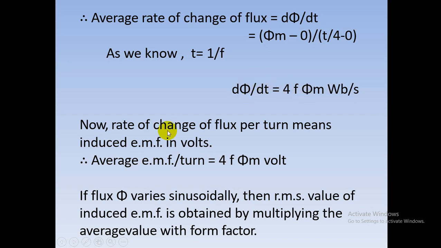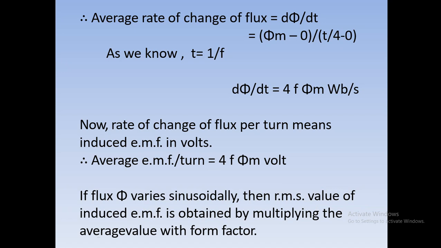So here the form factor plays a vital role in calculating the EMF equation of the transformer. Up to now we got the average induced voltage per turn, that is 4f phi m volts. If flux phi varies sinusoidally, then the RMS value of the induced EMF is obtained by multiplying the average value by the form factor.